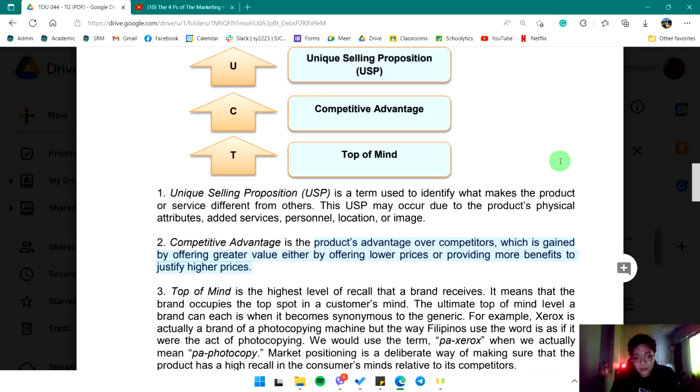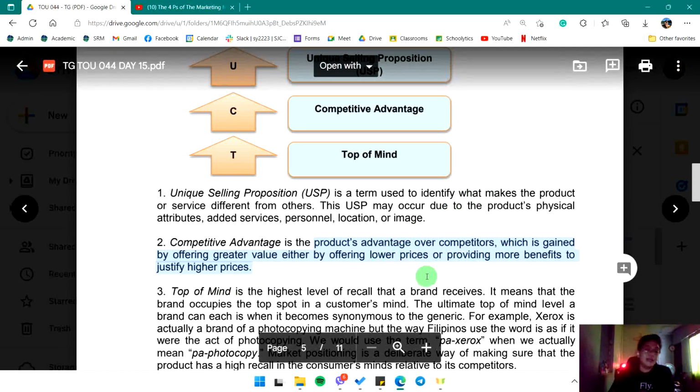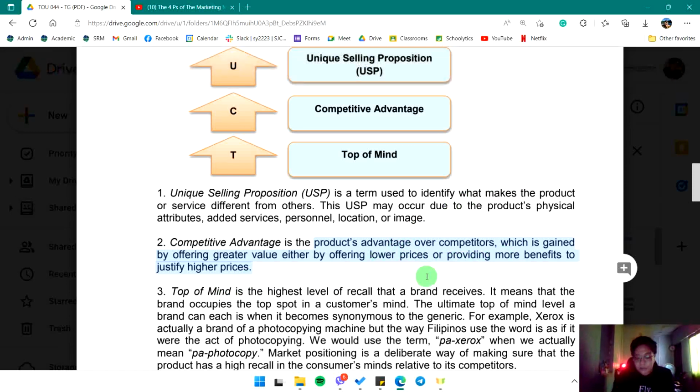So, we offer a greater value compared with the products of our competitors by different methods, no? By offering lower prices, providing more benefits to justify higher prices, and etc.